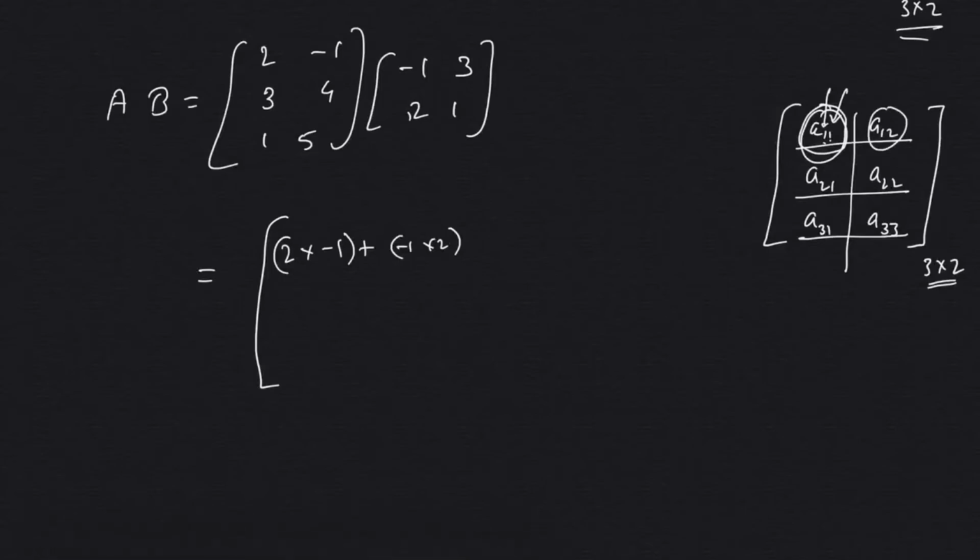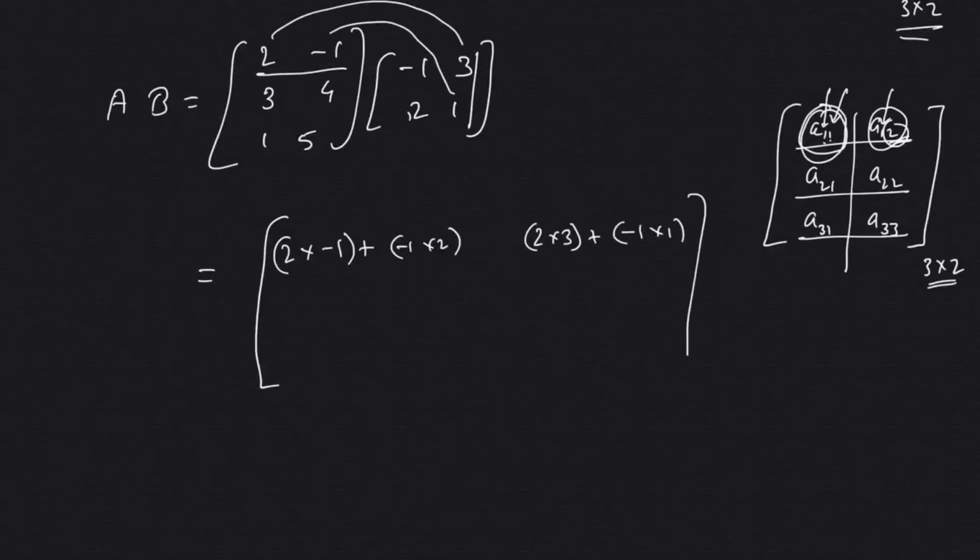Similarly, for the next element A12, you will multiply and add the corresponding elements of the first row with the second column, that is 2 into 3 plus minus 1 into 1.